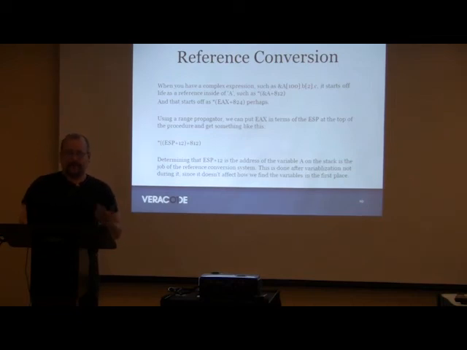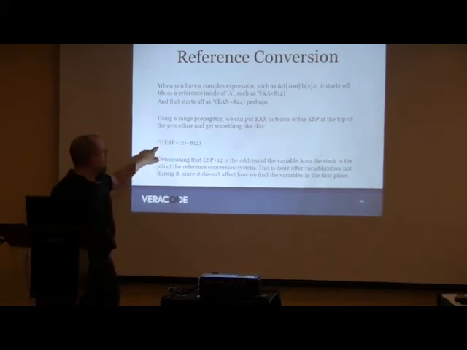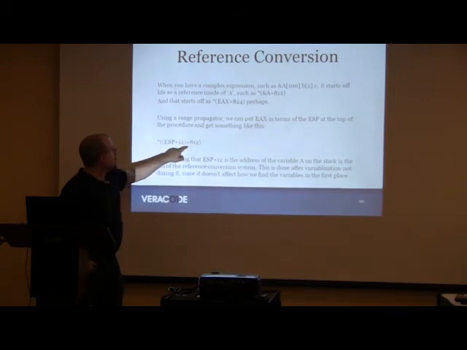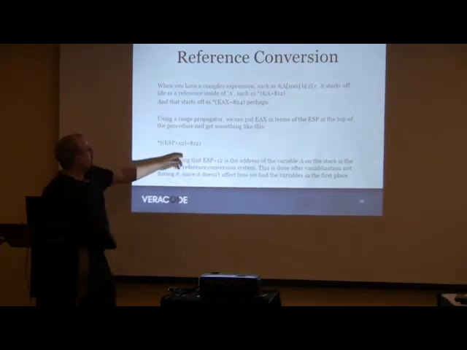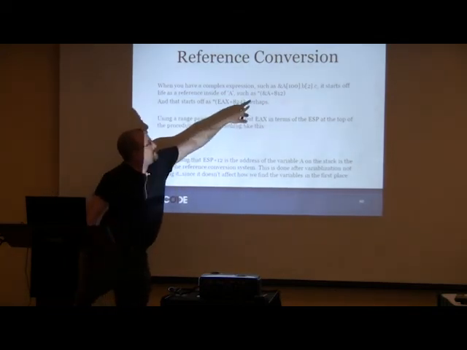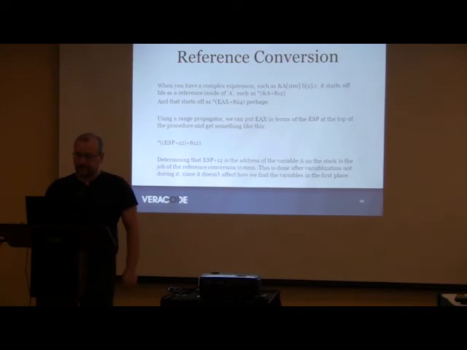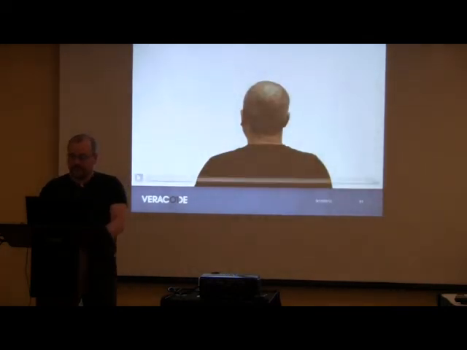So you can use a range propagator there. You can do a bunch of substitution, and then you can note that ESP plus 12 plus 812 is the reference of A. So if you get that procedure, you get this expression as address of A and then some offset over here, like that.